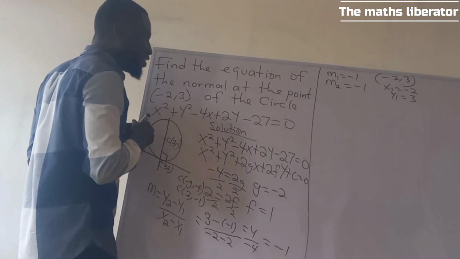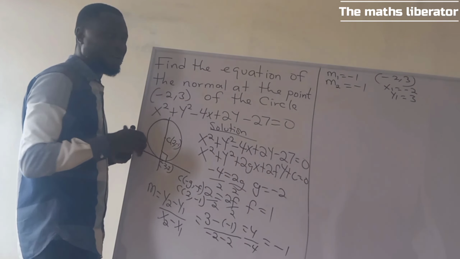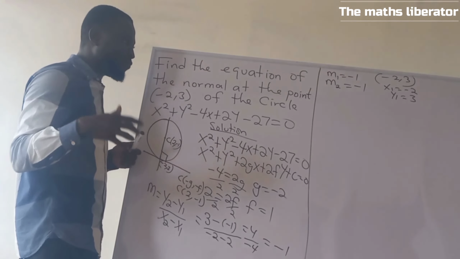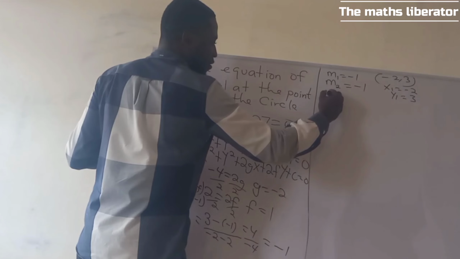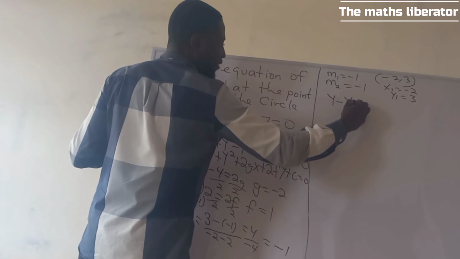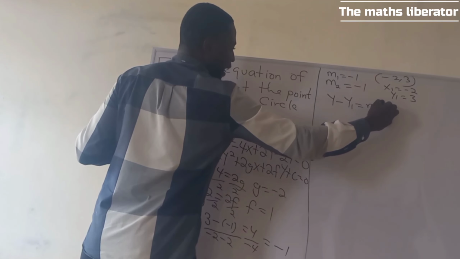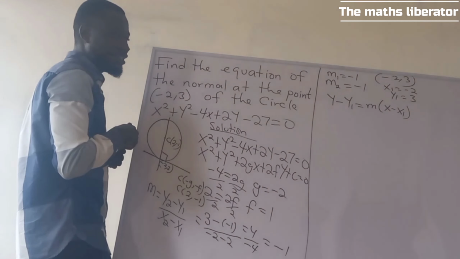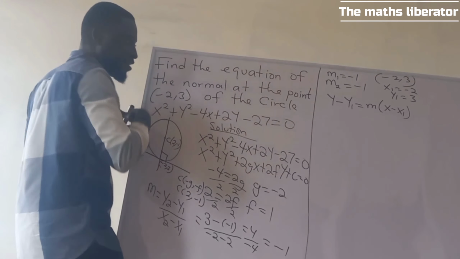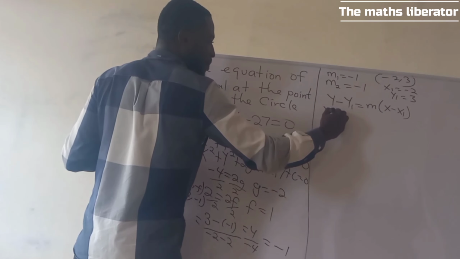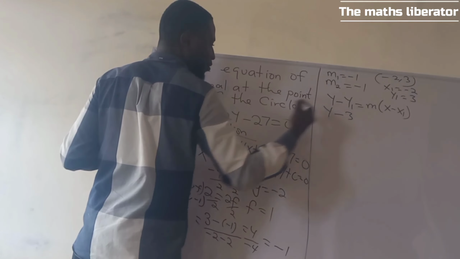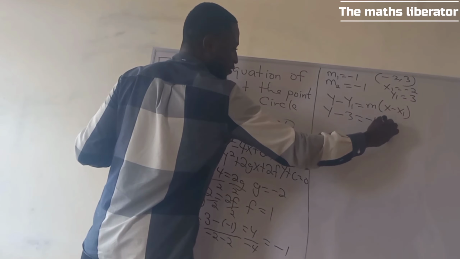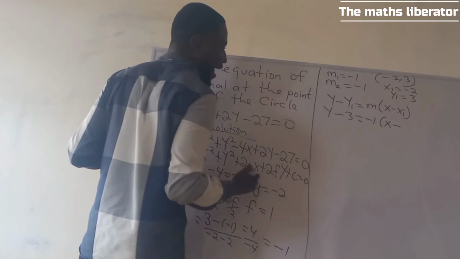So now let's find the equation of the normal by using the point slope form, which is y minus y1 equals m times x minus x1. Now let's plug in the values. So y minus y1, 3, equals the gradient, -1, times x minus x1, which is -2.